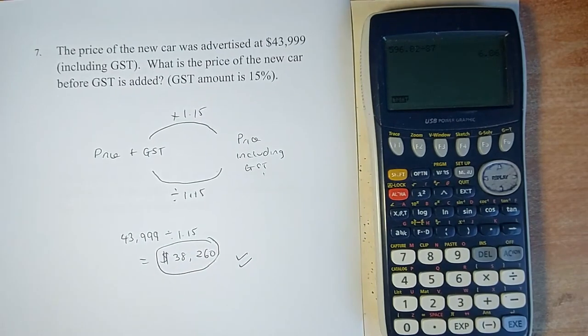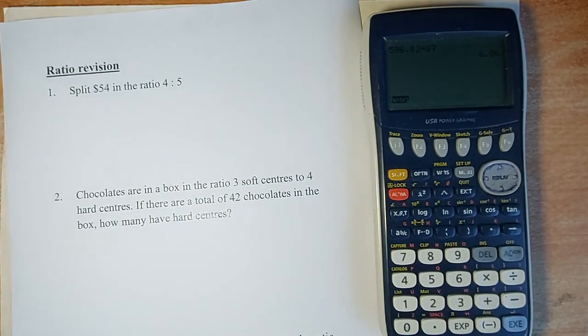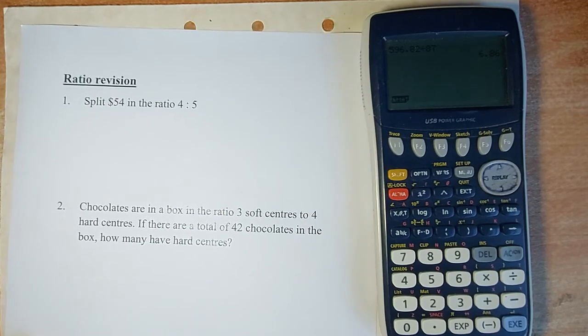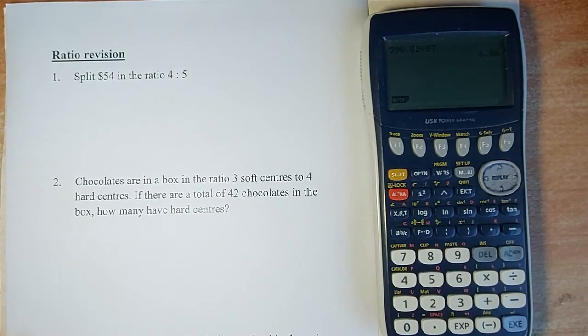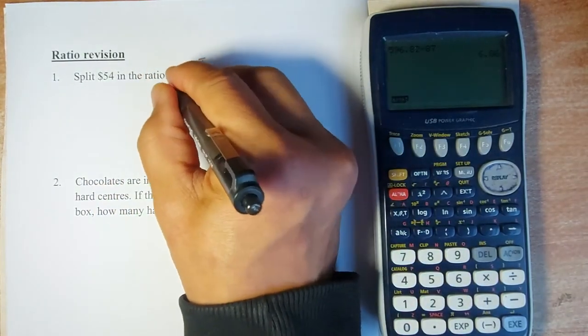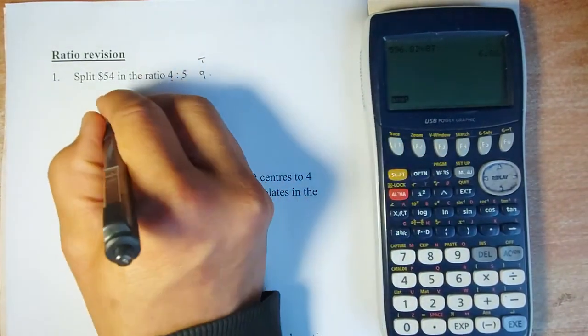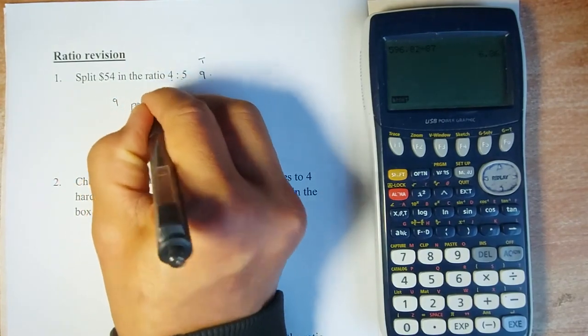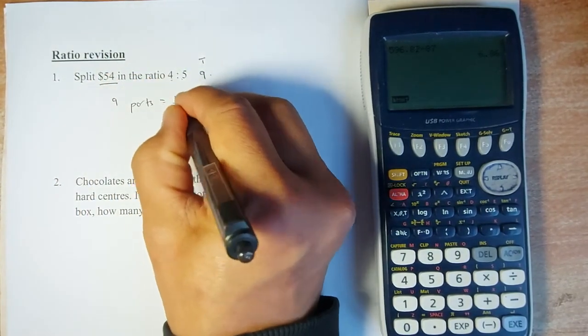Great. Now we shall look at some of the ratio questions. The ratio, there are only two main ways to do it. Okay. So now we are going to split $54 in the ratio of 4:5. So simple. You first total the parts: 4 plus 5 is going to be 9. So 9 parts is going to be $54.